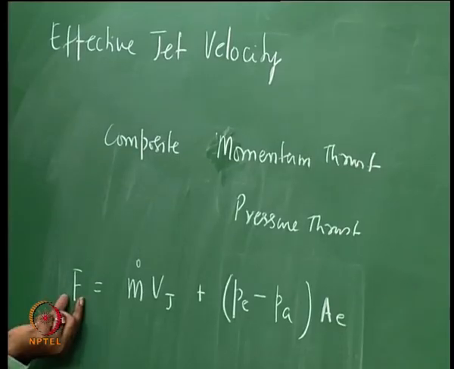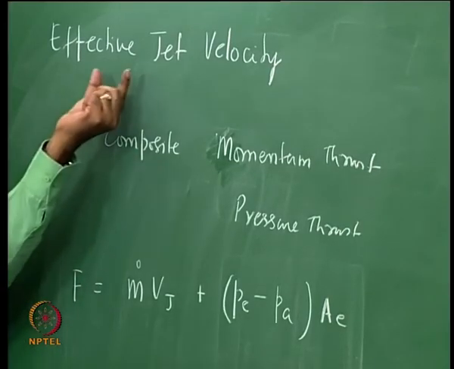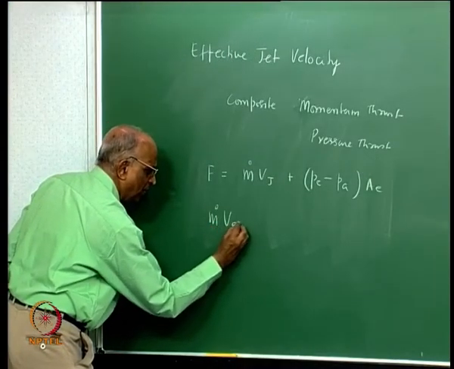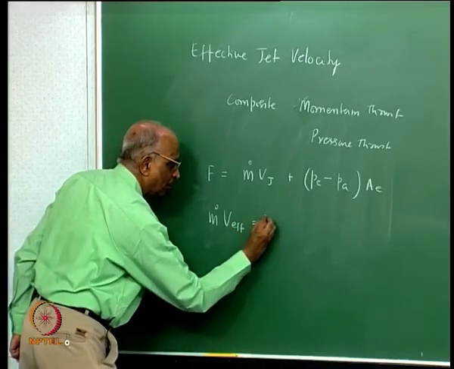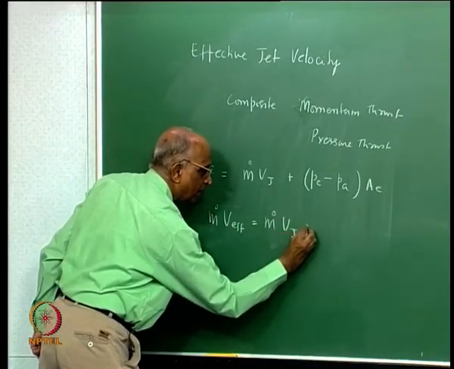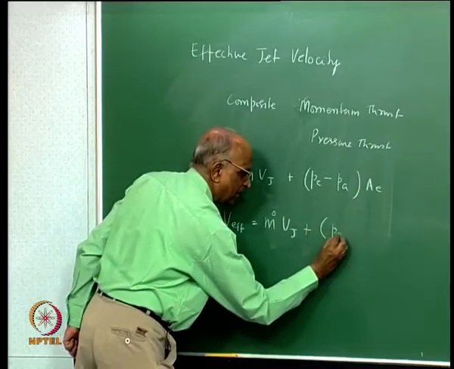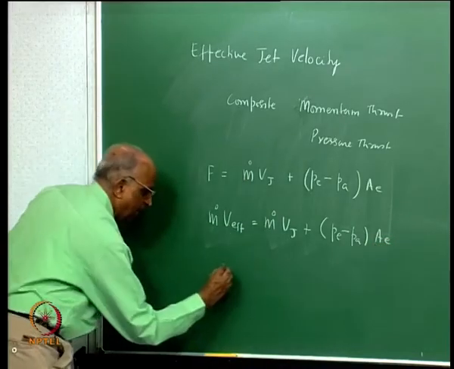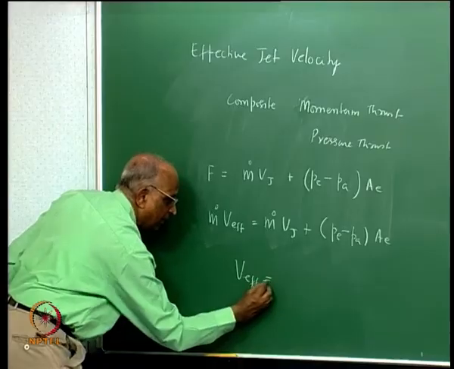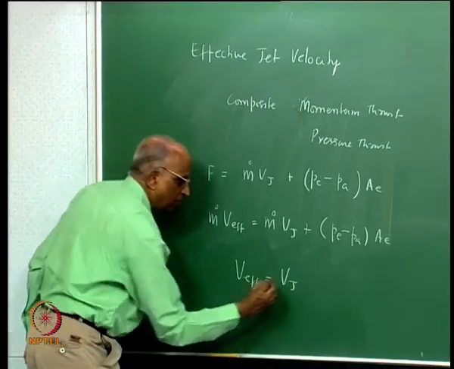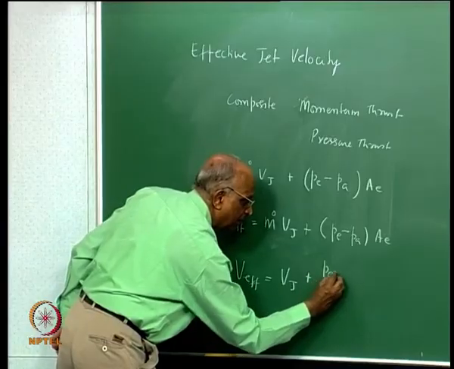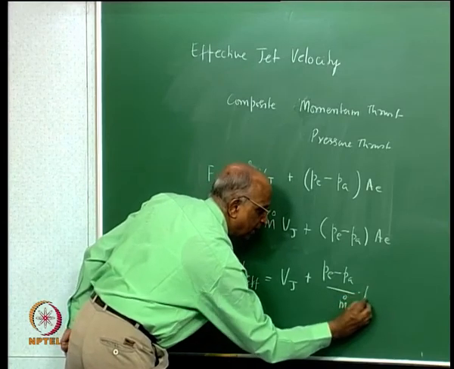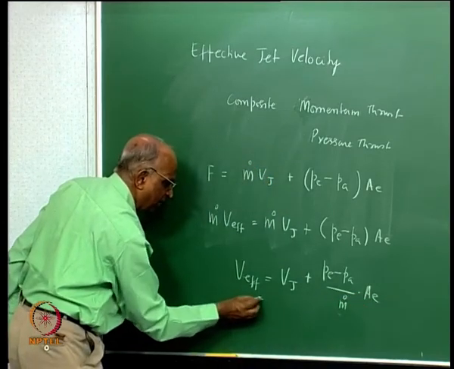Now, if I have to put this thrust in terms of an effective jet velocity, I say F is equal to m dot into V effective, and this is equal to m dot into Vj plus Pe minus Pa into area, and therefore the effective jet velocity is equal to the jet velocity plus Pe minus Pa divided by m dot into Ae, and this is defined as the effective jet velocity.